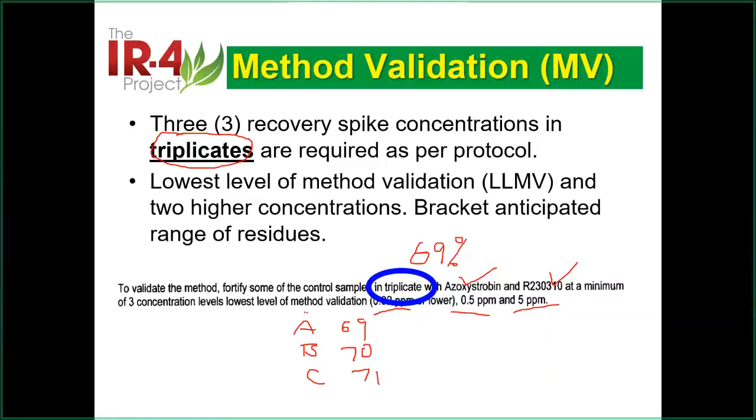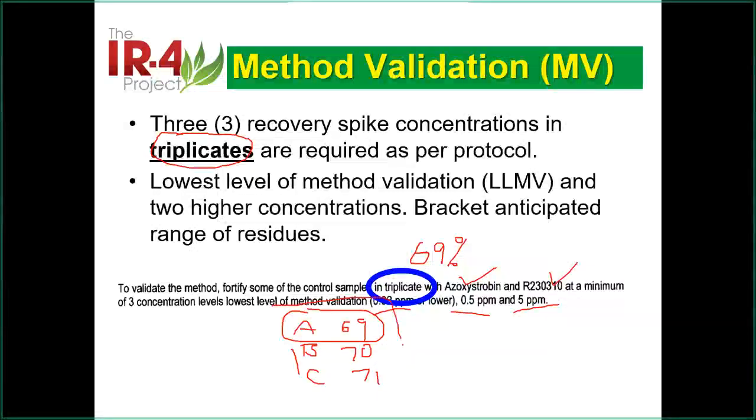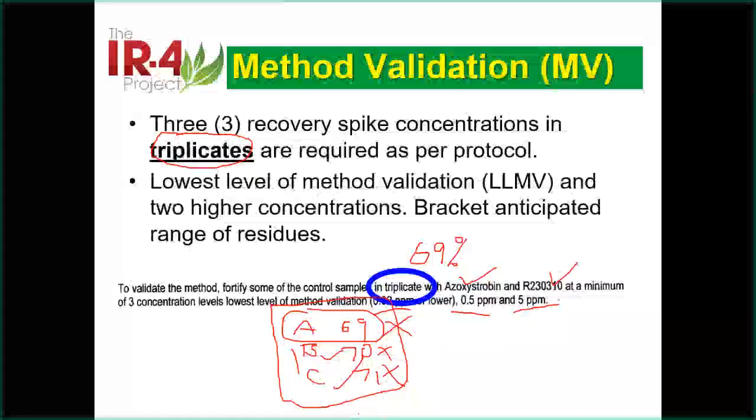For this one, you have to talk to the study director to get approval. And the other 2, you do not have to. However, because this is in triplicate, this is one thing. So if 69 is not good, none of them is good. You cannot just pick, oh yeah, I like this, I take this one. No. You have to take the triplicate. Triplicate is just like one set of sample.